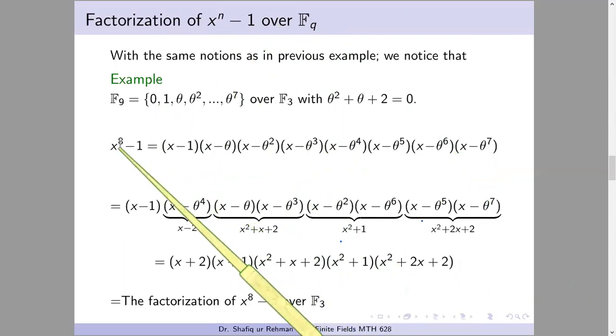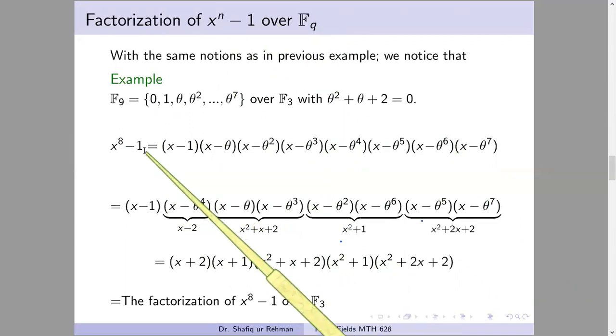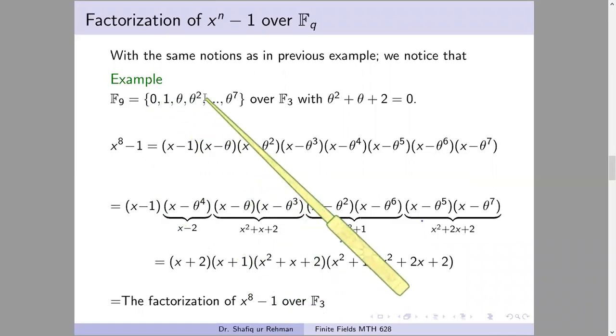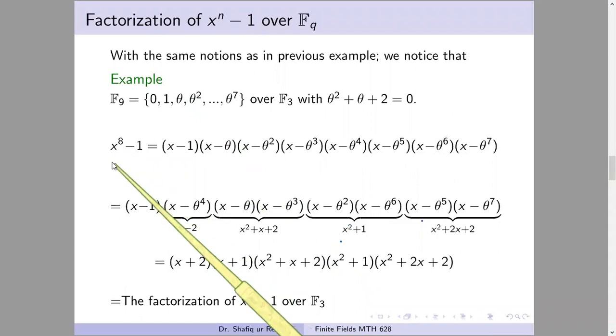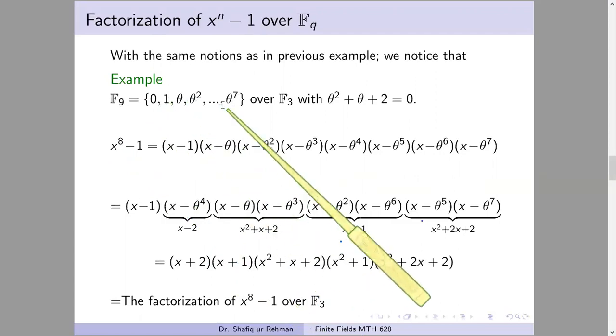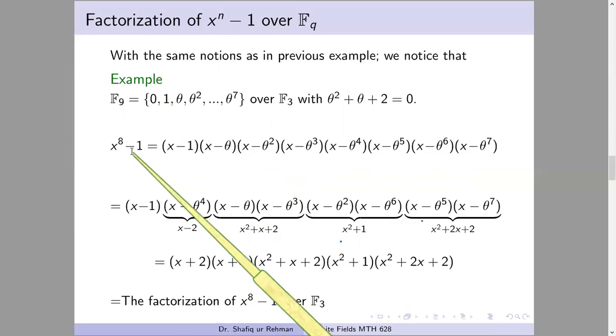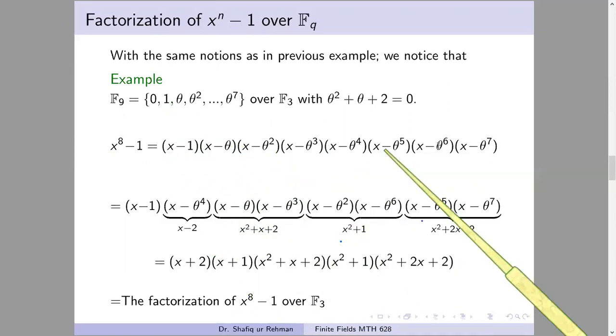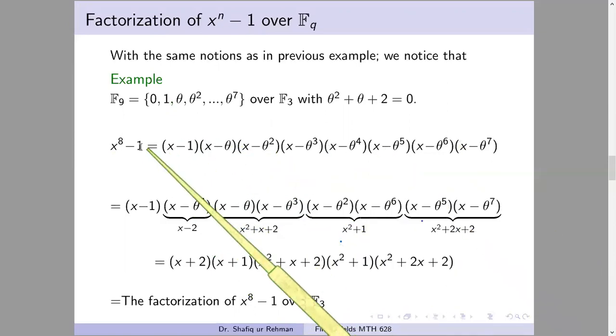We know that if we want to factorize x power 8 minus 1, this polynomial has all the 8th roots of unity in this field except 0. 0 is not a root of this polynomial, but all the other elements are roots of this polynomial, and what we will do is make their linear factors, and by multiplying we will get this polynomial.